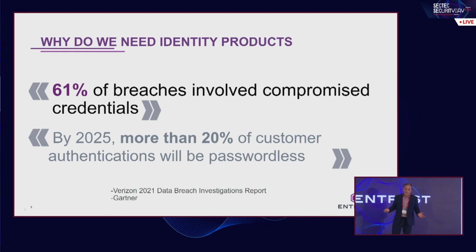So 61% of, this is the latest data we have at the moment, 61% of all breaches involved a compromise of credentials. As you all know, especially with phishing, attackers are trying to get hold of your customers' credentials so that they can imitate them to access someone else's data.